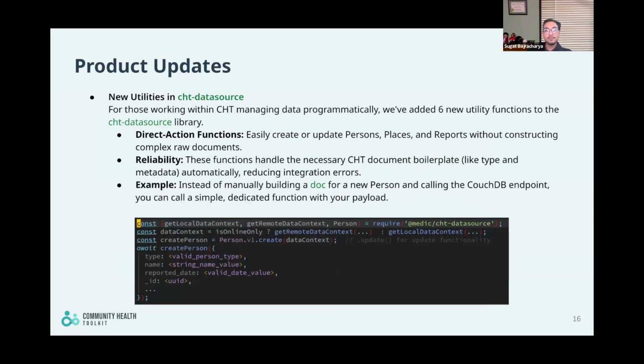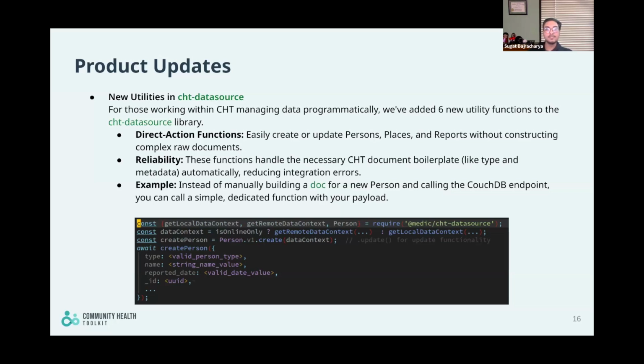And along with the REST endpoints, we've also managed to create the same 6 functions that allow us to programmatically create and update person, places, and reports. As you can see in the screenshot, it easily allows us developers to create a person with a really nice interface without having to manage lots of data.